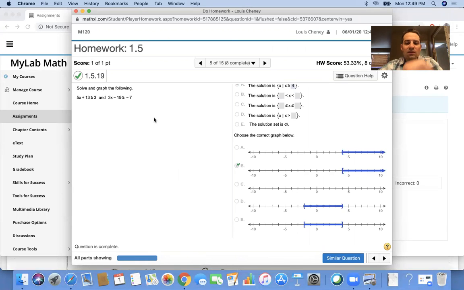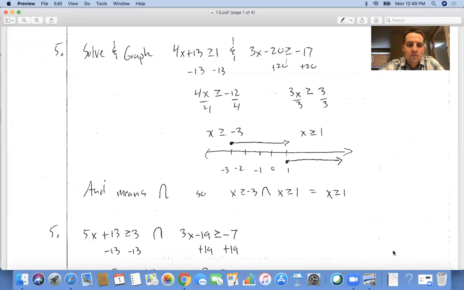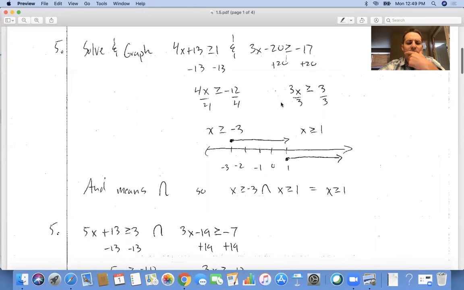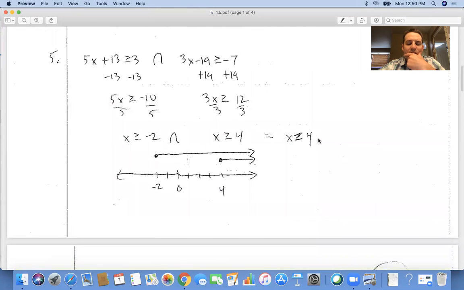And it looks like these numbers changed a little bit, didn't they? Yeah, they changed. Okay, this is number 5. Hold on just a minute.